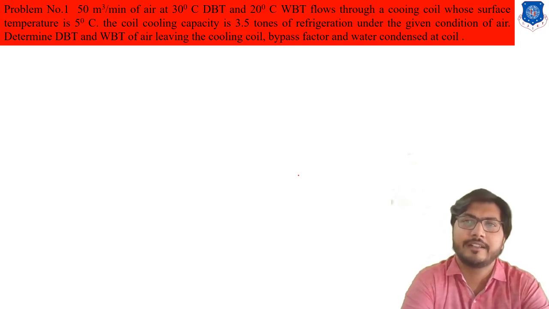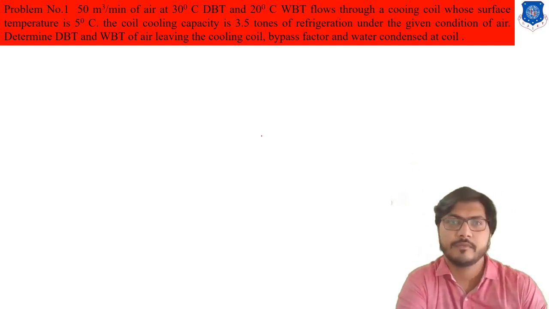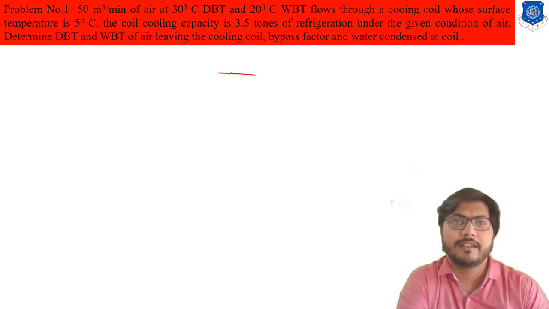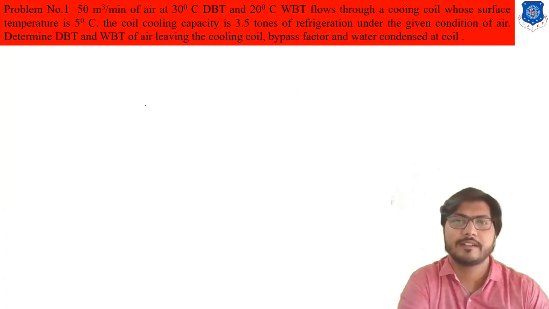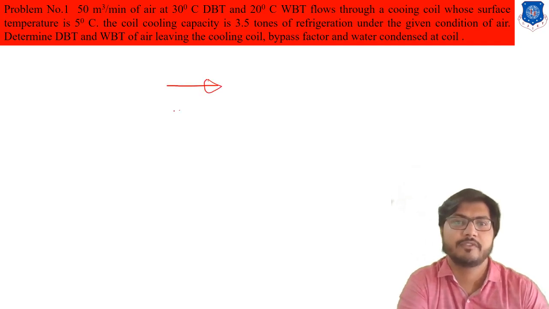Okay, so we can understand this numerical. What he asked: first, the air which comes into contact with the coil. Let's understand it first. This is our air, coming with 50 meter cube per minute, and this is our coil.